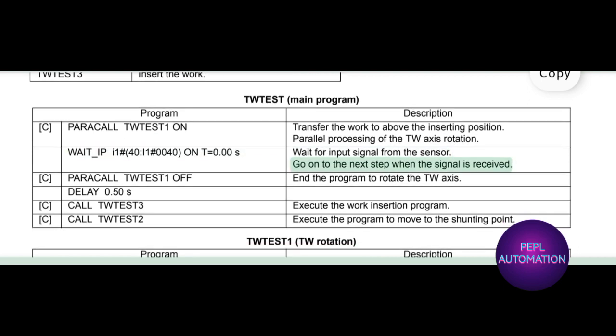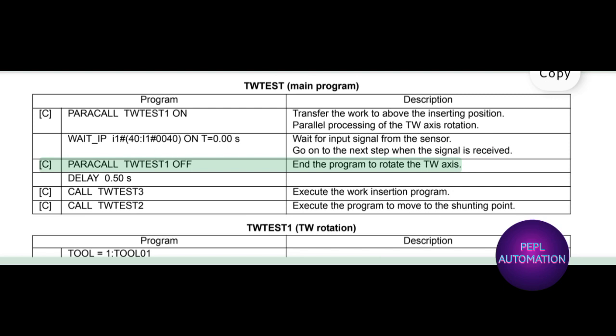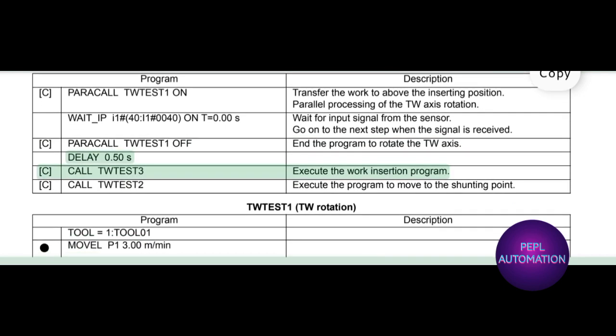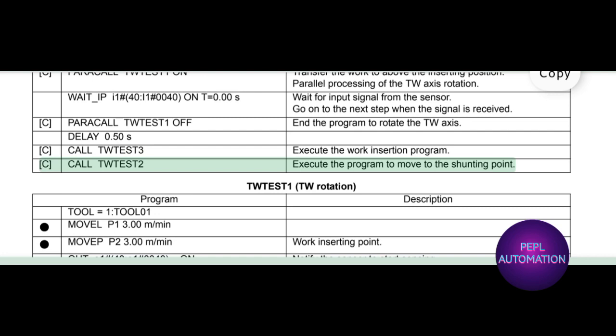Go on to the next step when the signal is received. PARACALL TWTEST1 off: end the program to rotate the TW axis. Delay 0.50s. Call TWTEST3: execute the work insertion program. Call TWTEST2: execute the program to move to the shunting point.